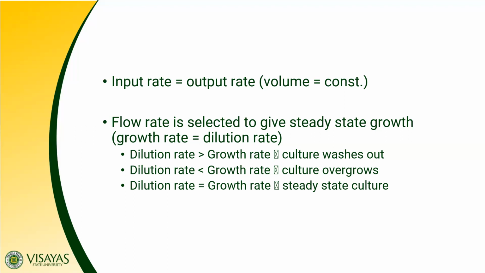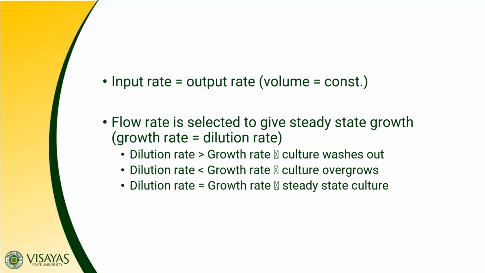What happens to the product when these things are observed in the fermentation vessel? If the dilution rate is greater than the growth rate, the culture washes out, so there is no constant production of the product.